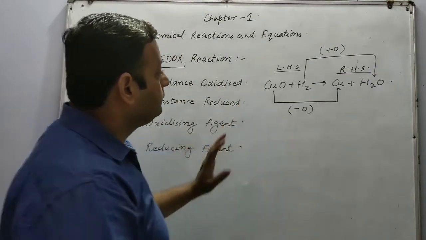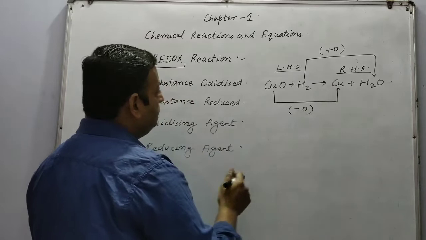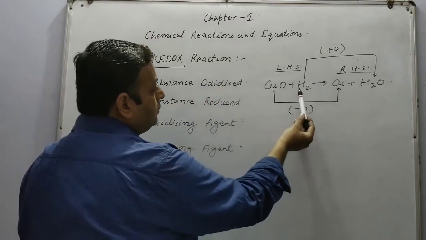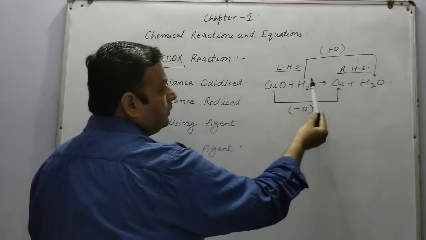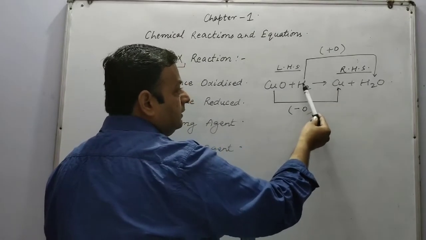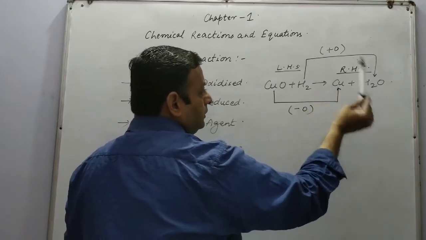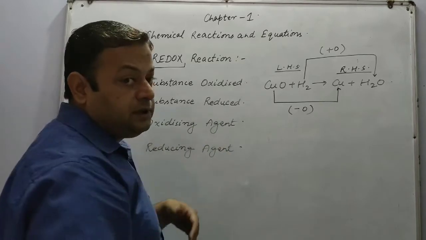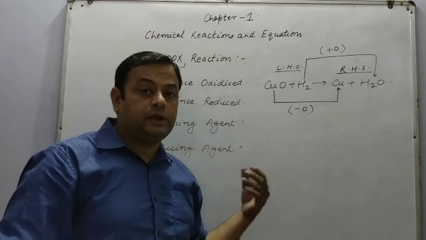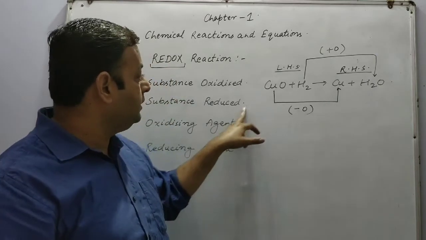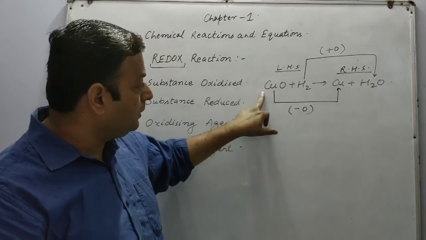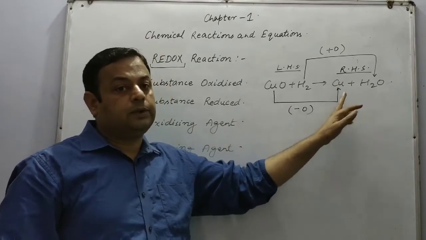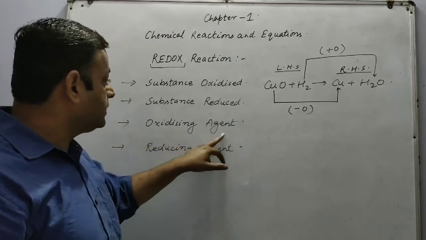From LHS and from RHS we can conclude the substance oxidized. The substance oxidized is hydrogen, because oxygen is added in this hydrogen to form water. Now second thing, substance reduced. Substance reduced is that substance from which we have taken out the oxygen. So substance reduced is copper oxide. From copper oxide we have taken the oxygen and it gets converted into copper. Now next thing is oxidizing agent.